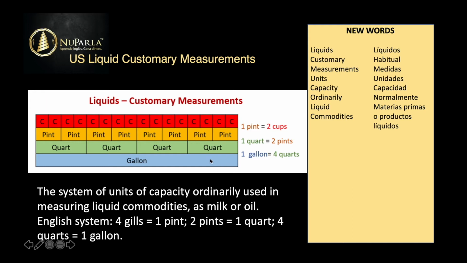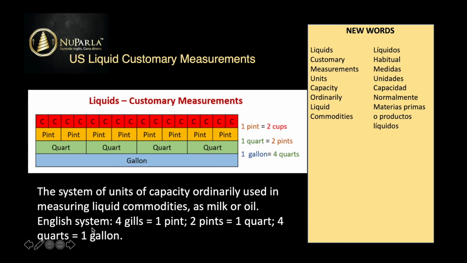Again, 1 gallon here is 4 quarts there, which equals 2, 4, 6, 8 pints, which equals 16 different cups. So 16 cups or 8 pints or 4 quarts, all that equals 1 gallon. The system of units of capacity ordinarily, normalmente, used in measuring liquids, commodities, such as milk or oil.